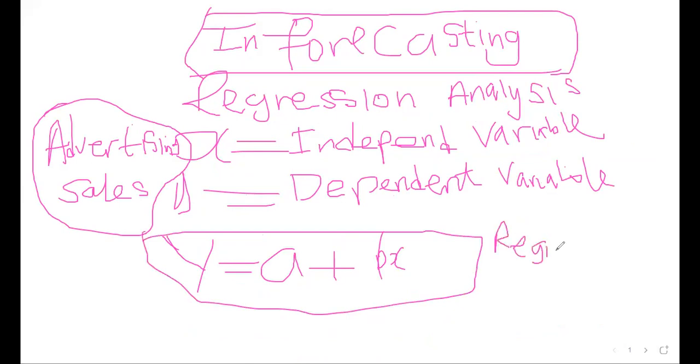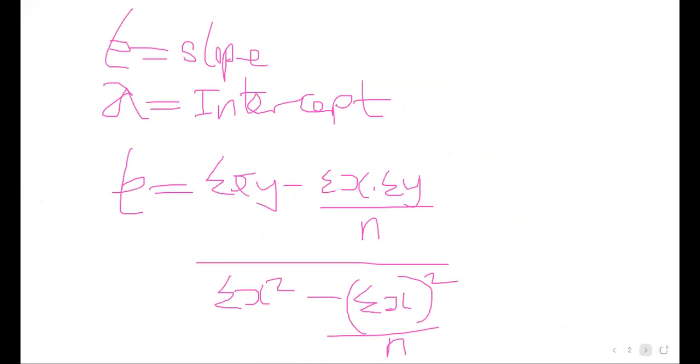Yes, sir. So this is the regression line. After this, we looked at b as the slope and alpha as the intercept.